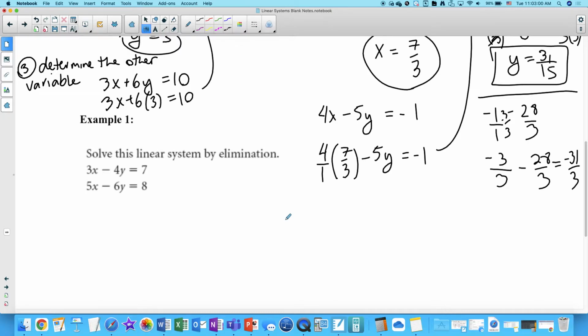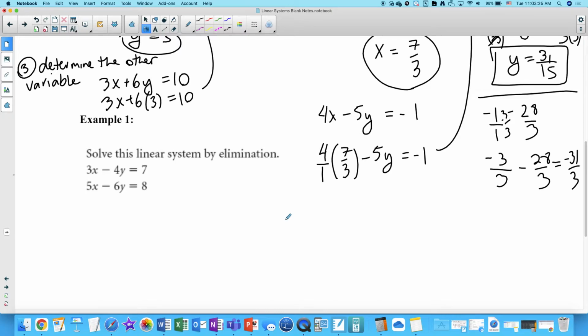Okay, so what we have to do is essentially choose one of the 2 variables to have the coefficients either equal to one another or they can differ by a negative sign. Okay, let's suppose we wanted to make the x coefficients the same. What number do you think that coefficient is going to be? Does anyone have like an instinct?